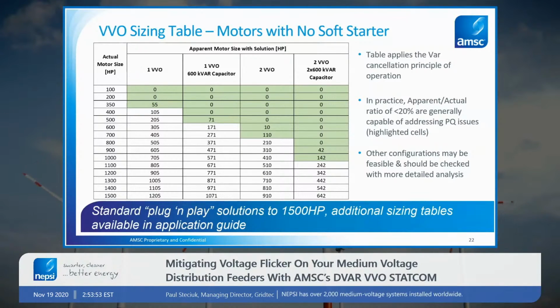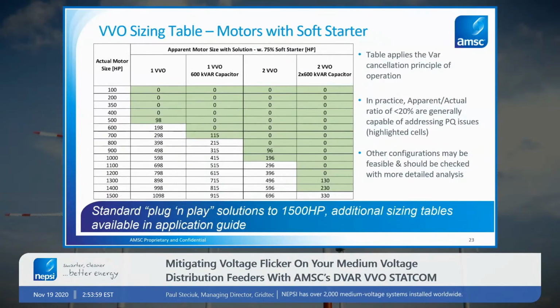This table here is showing an example of motor sizes that do not have soft starters on it. This table on this slide shows the same idea, except with a reduced voltage soft starter on it.